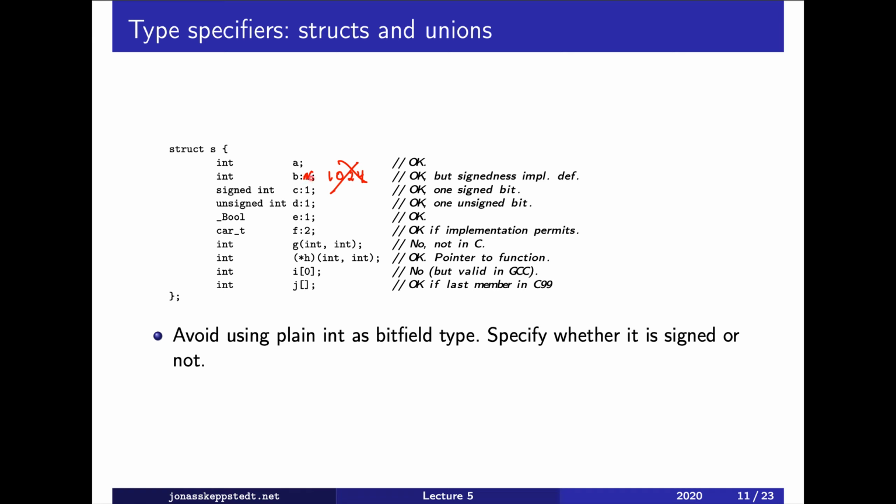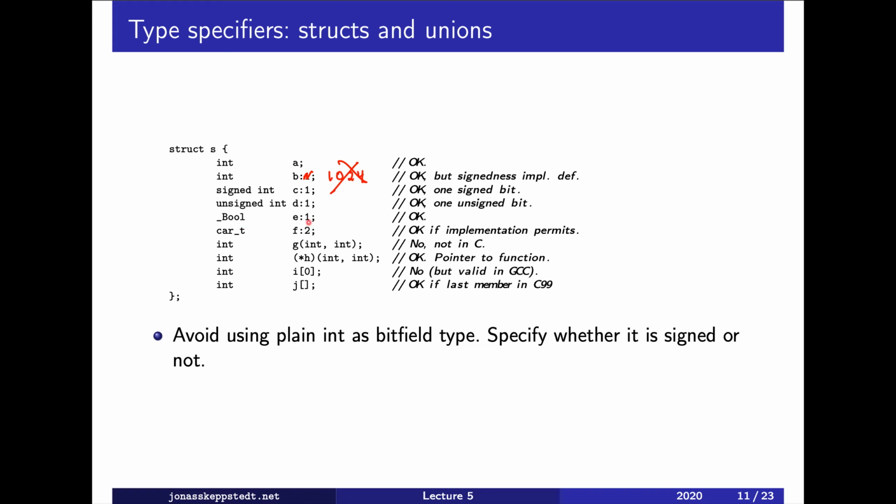It's not strictly portable to use 32, since according to the standard, an int is at least 16 bits. But if we don't want to be 100% portable, then it's fine to use something bigger than 16, but typically at most 32. There is no point in using a 32-bit bit field, then it's better to use just an int, but okay.